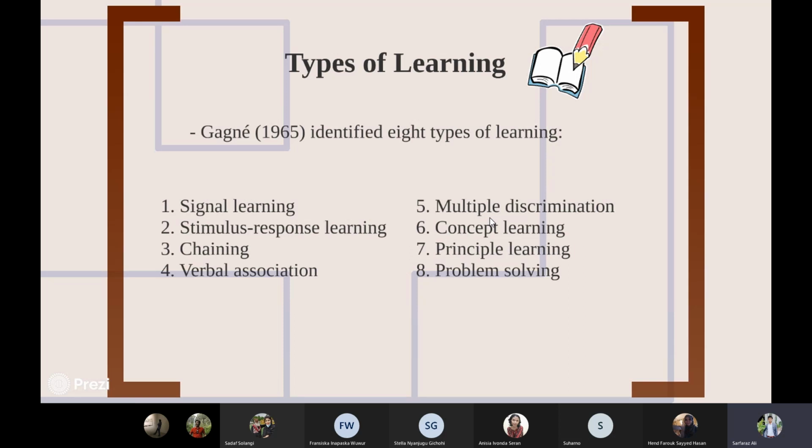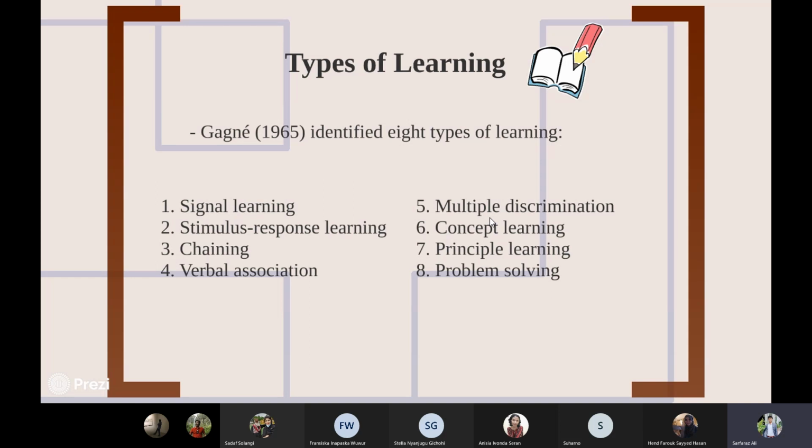Fourth was verbal association, which was the connection between two chains, one verbal and the other non-verbal, and it may be defined as a separate type of language learning.